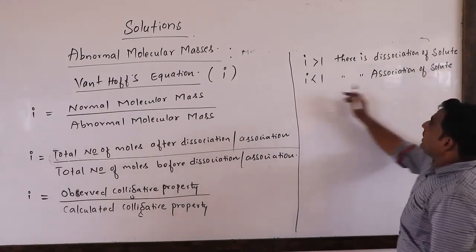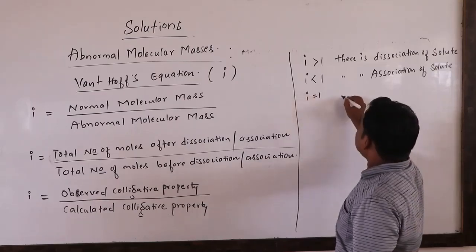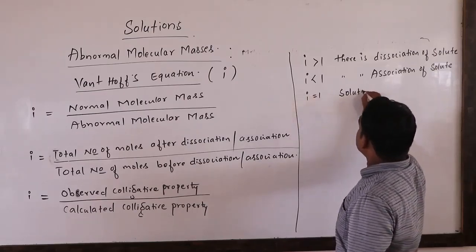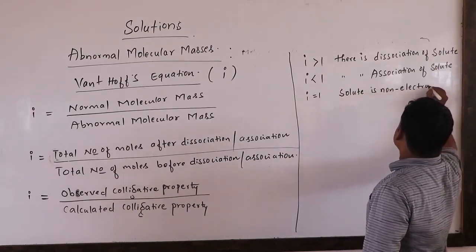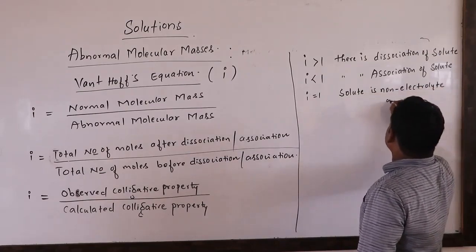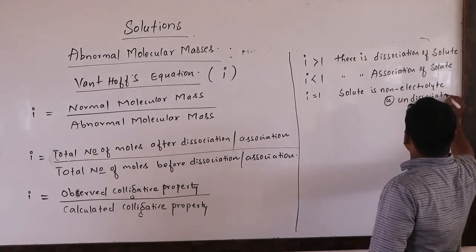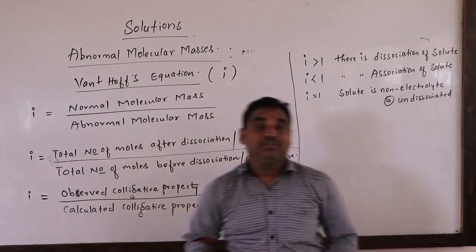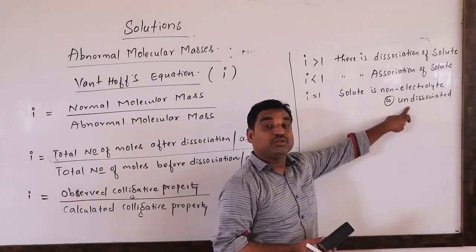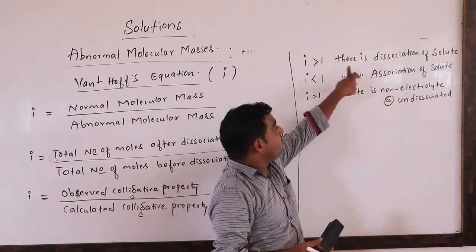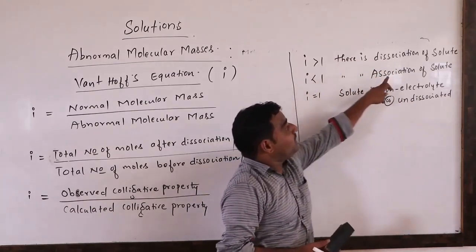If i is equal to 1, the solute is a non-electrolyte, or an undissociated solute, which neither dissociates nor associates. When dissociation is taking place, the i value is greater than 1; when association is taking place, the i value is less than 1.